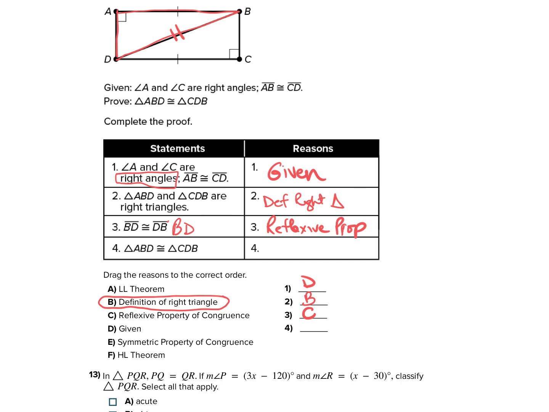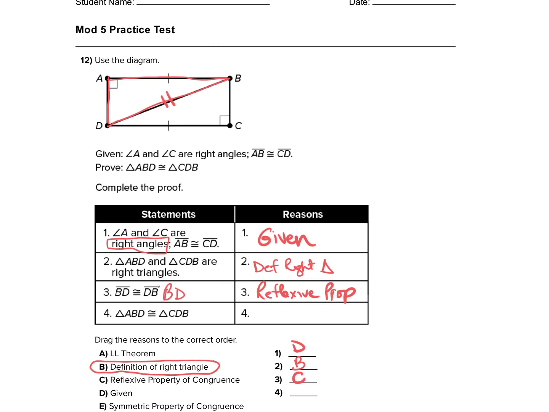So now if you take a look at this, what are we given? We have a right angle. We have technically one side of a right angle, which we call a leg. And BD for both triangles is the hypotenuse.